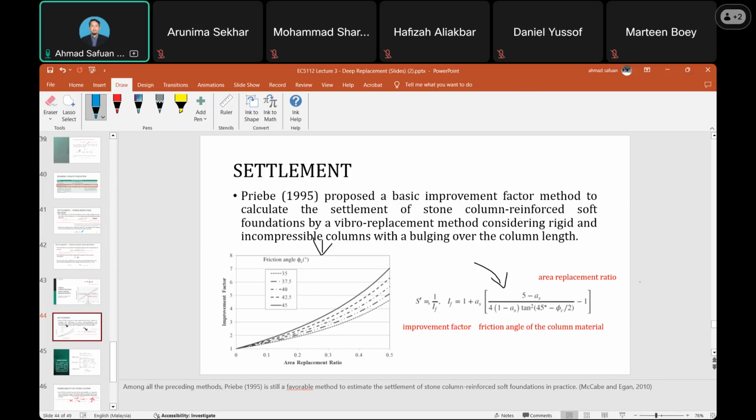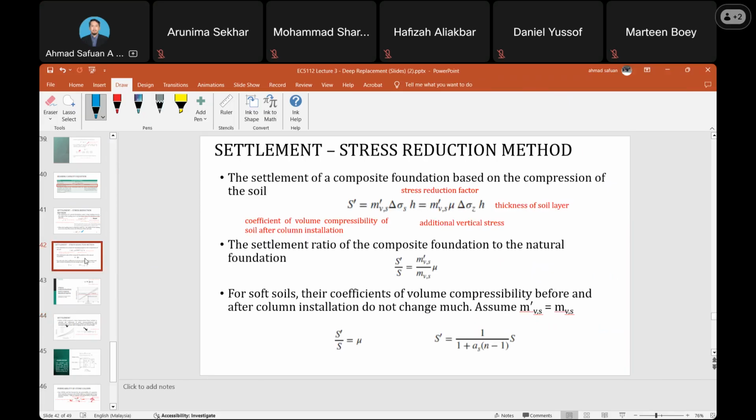So 1 over IF is the settlement coefficient. From there, we multiply with the S value to get the S prime value.